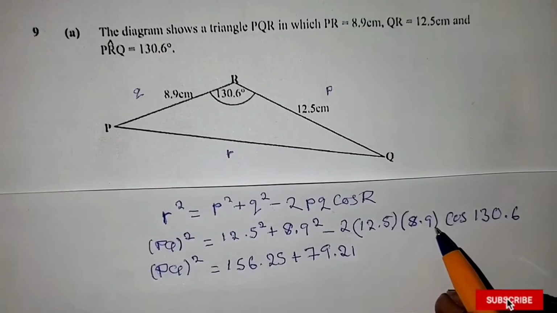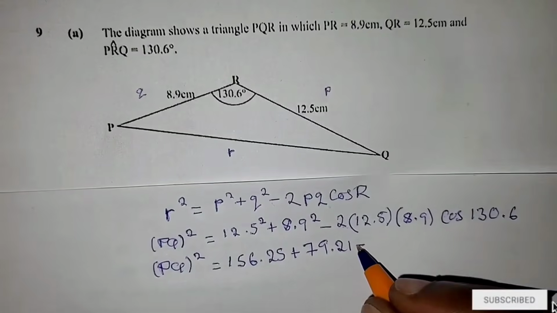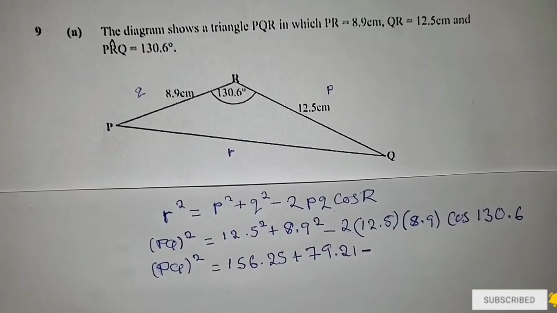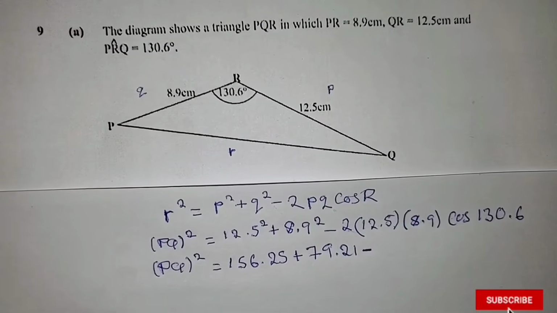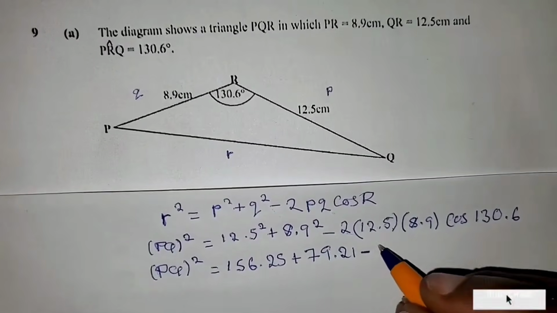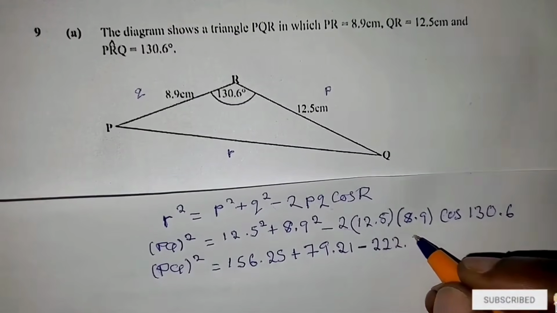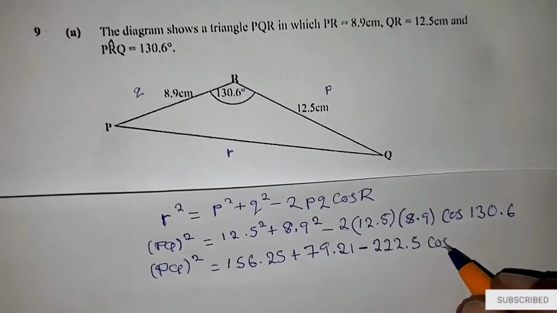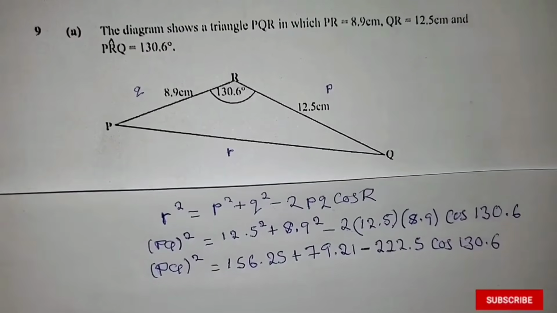Then you multiply 2 times this times this, and it's going to be negative. So I'm going to say 2 times 12.5 times 8.9, it's giving me 222.5, cos 130.6.